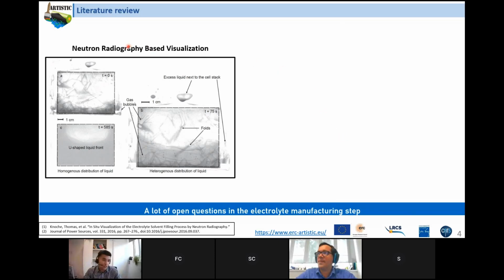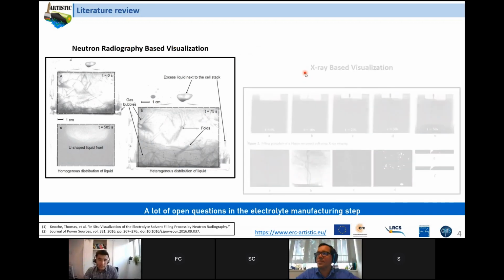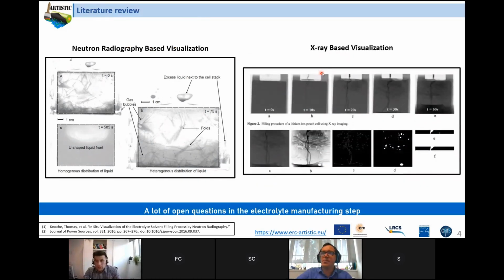For example, one of them is neutron radiography based visualization, and another is X-ray based visualization. As you can see, they can get a pretty clear idea about how the electrolyte is penetrating. But on the other side, the time step between images is quite big for electrolyte flow, especially. Further in the results, you will see that the initial part of the electrolyte infiltration is very, very important.